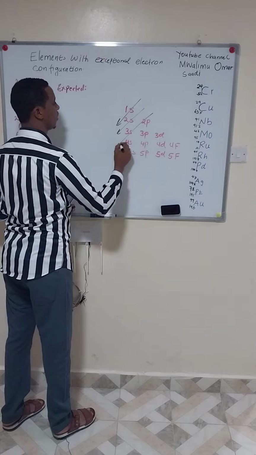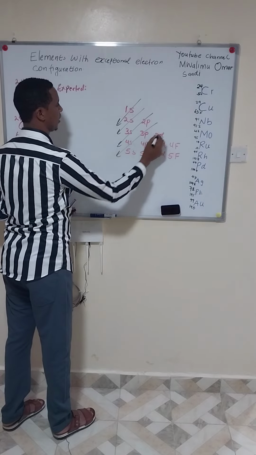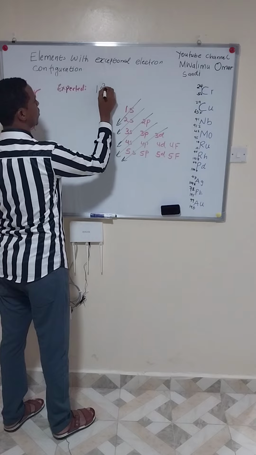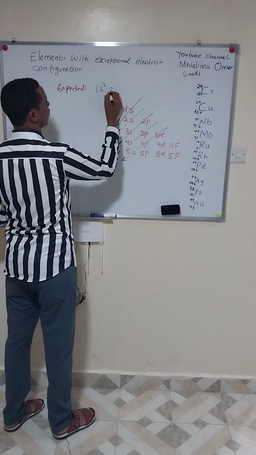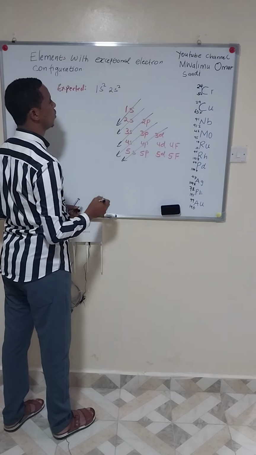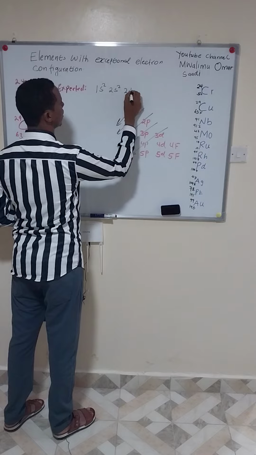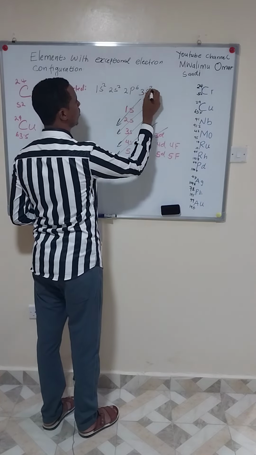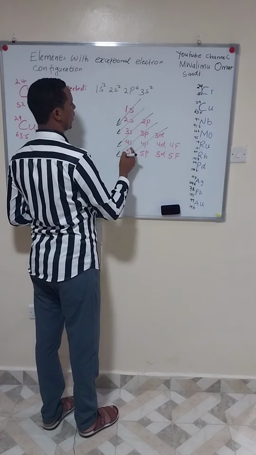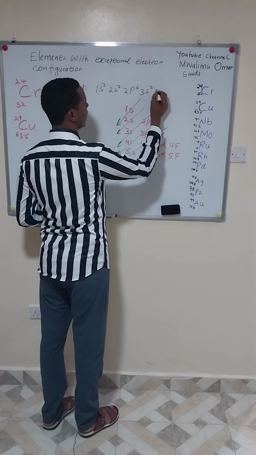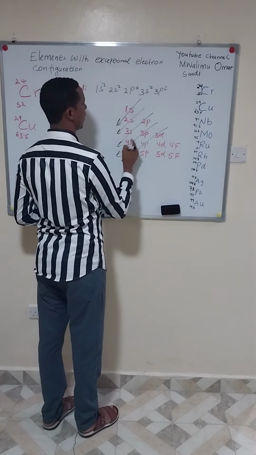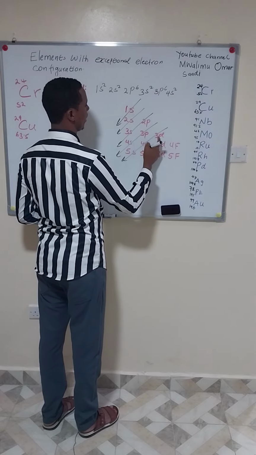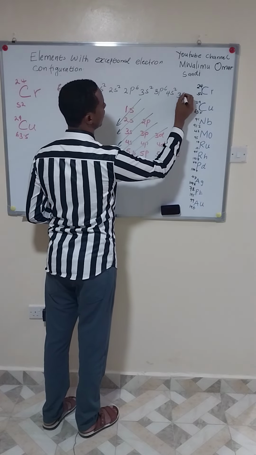So let us follow our pattern here. So we'll have 1s2, 2s2, then 2p6, 3s2, then 3p6, then 4s2, and then 3d.